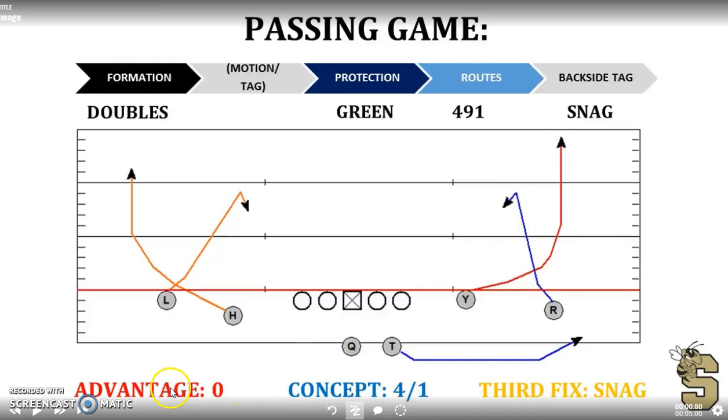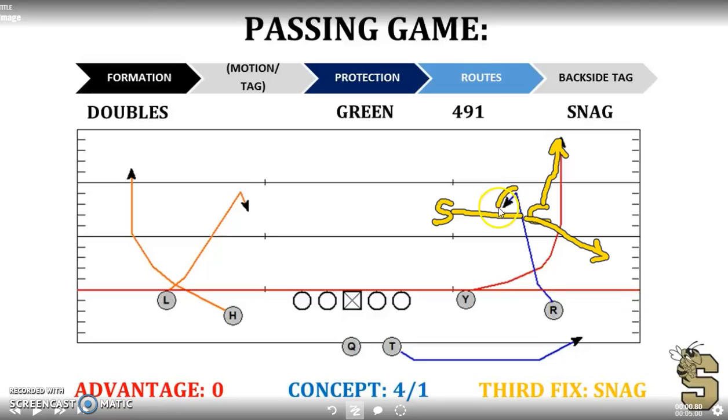Most likely, what well-coached defenses will do, regardless of coverage, is have the corner come off and take the wheel route, the 9. That leaves the underneath defender to try and defend both the 4 and the 1. He cannot do both.